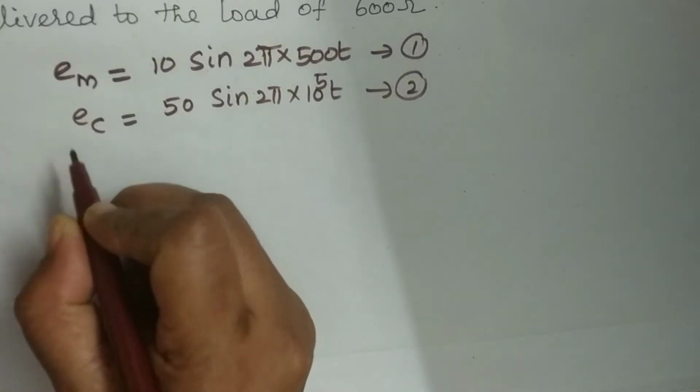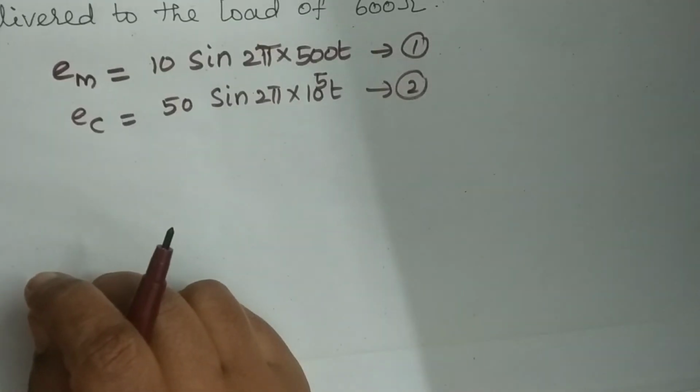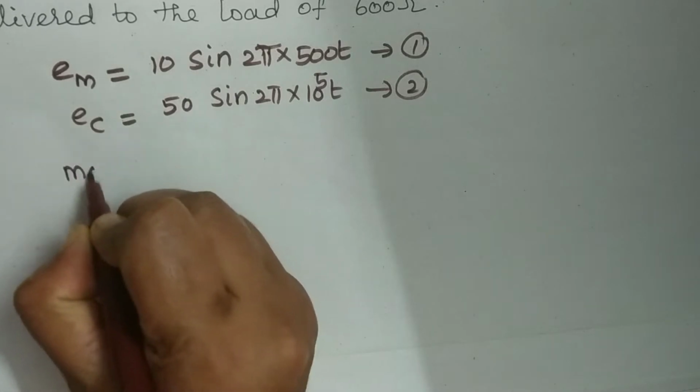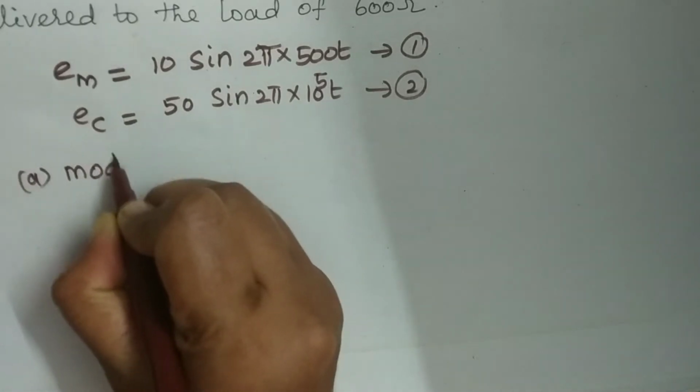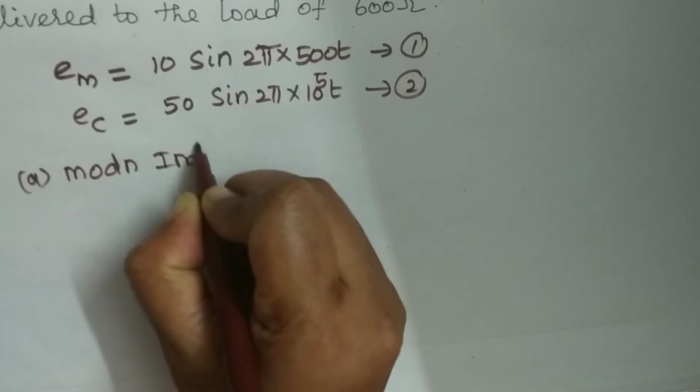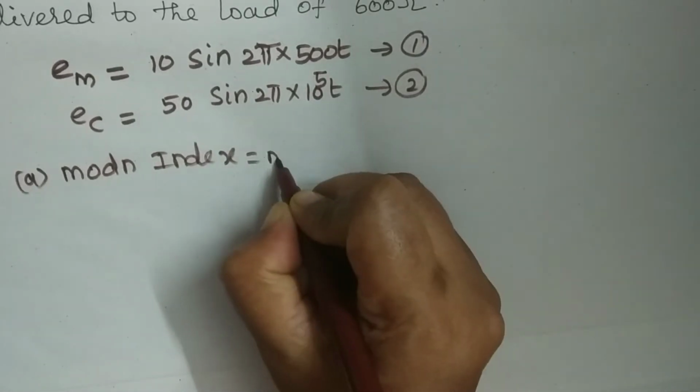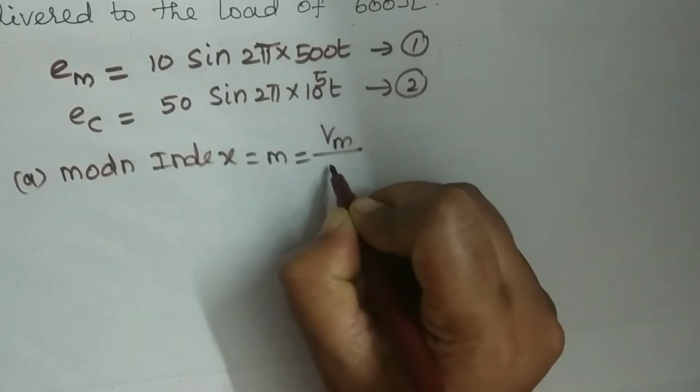In the first part, they are asking to find the modulation index. We know that the modulation index for amplitude modulation is Vm by Vc.